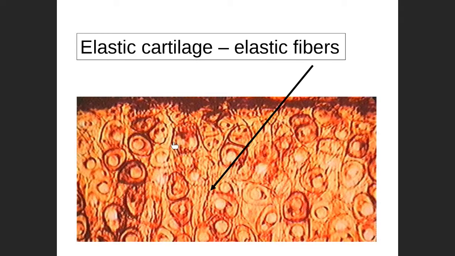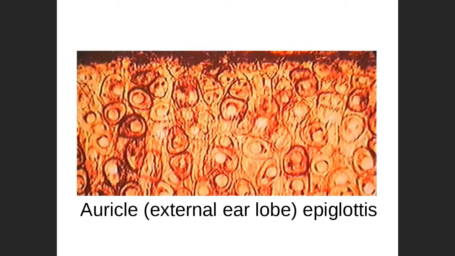So again, you're going to see elastic cartilage in places that need to resist or retain their shape. So the auricle or the pinna, which is your ear. You also have the epiglottis, which is that flap that covers the opening to your trachea when you're swallowing food or swallowing liquids.